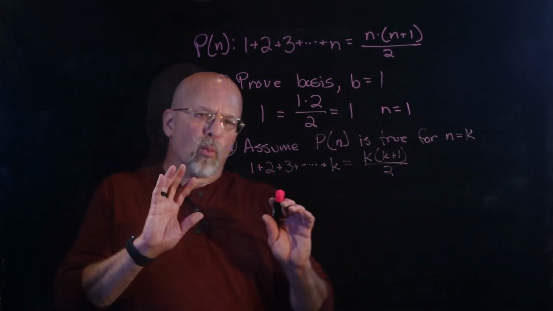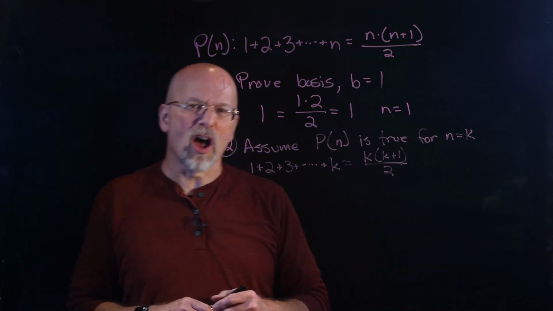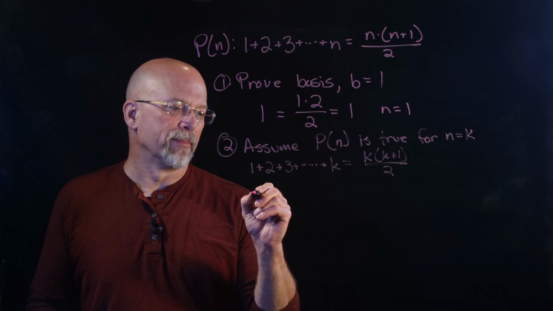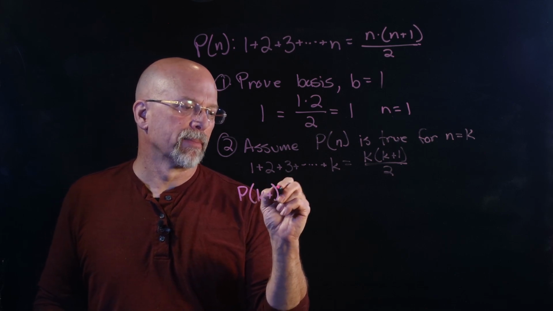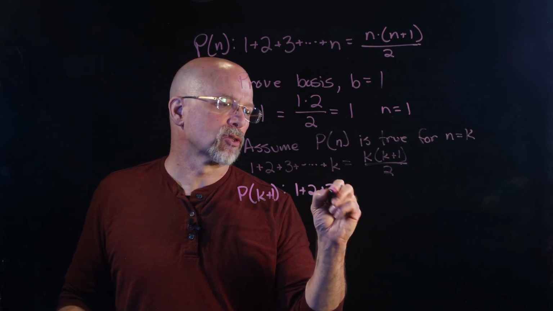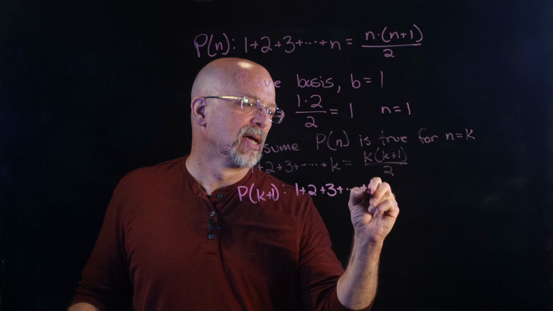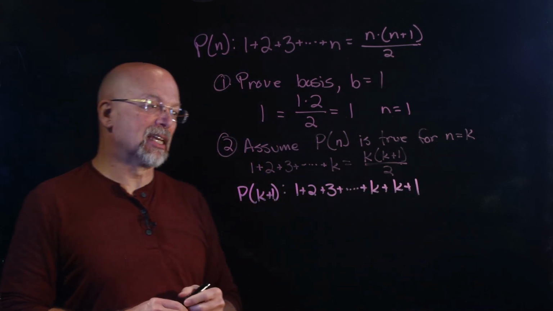Is it true? What I would like to do or propose is we go ahead and try and solve this for k plus 1. So I've got P of k plus 1, right? And that is 1 plus 2 plus 3 plus all the way up to k plus 1, right? We're just adding the next integer.